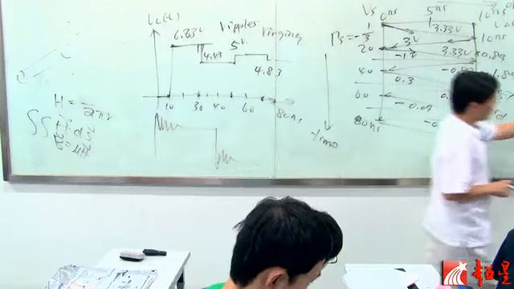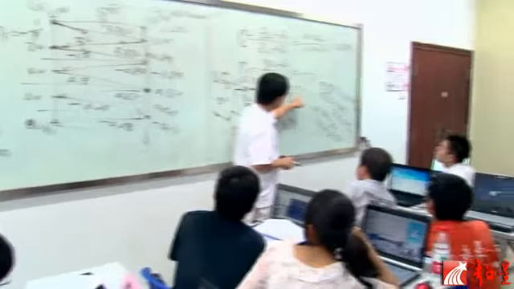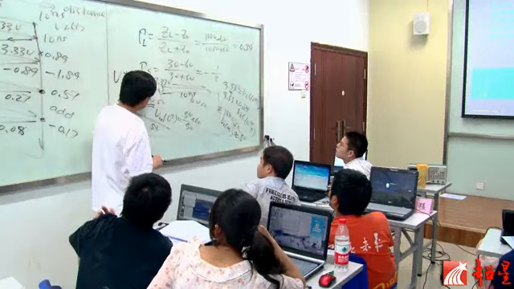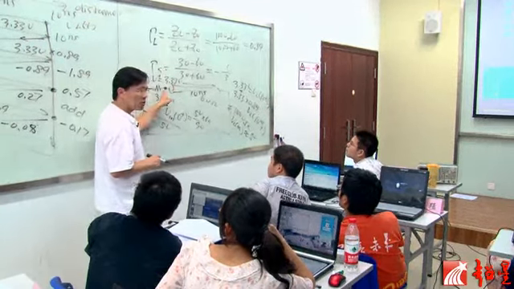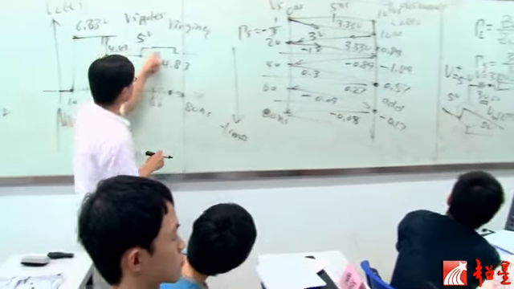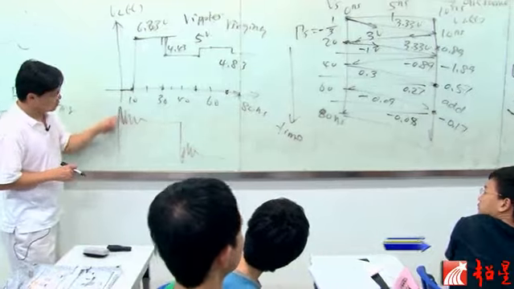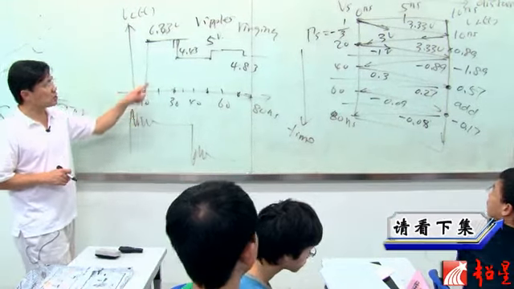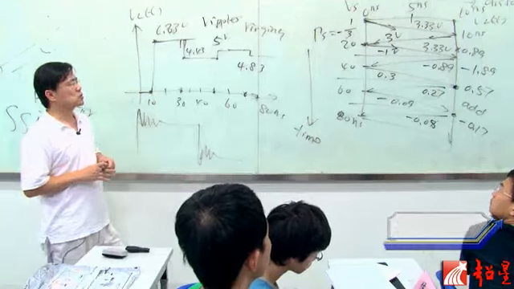Okay, if your source impedance does not match your cable impedance, then you're going to see this kind of effect. Okay, you're going to see the wave going back and forth. This is called ringing. Okay, that's exactly because of that transmission line effect.